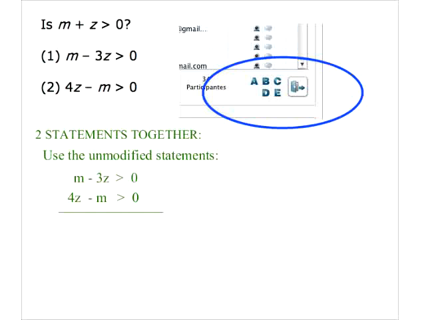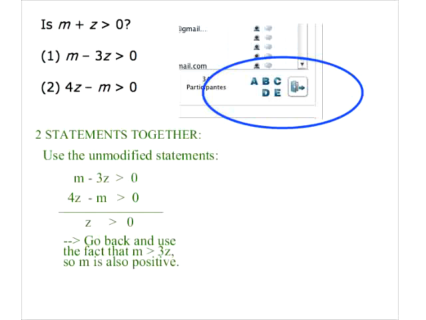The m's go away, and we have negative 3z plus 4z. And we just discovered this. Then we go back and use the fact that m is greater than 3z, so m is also positive. Still sufficient, still C.